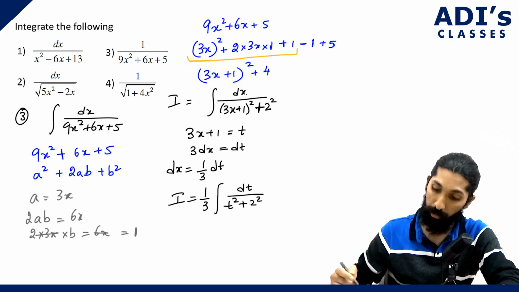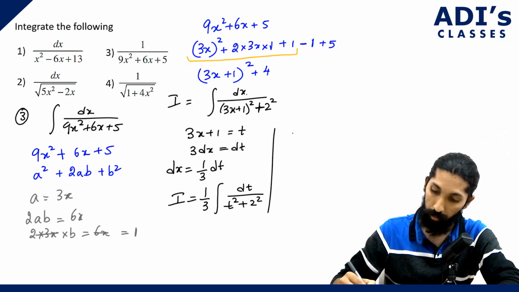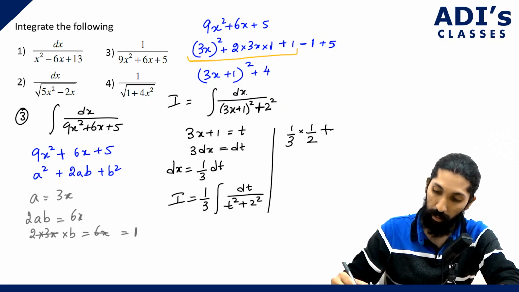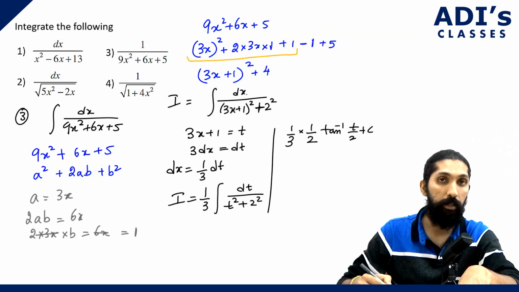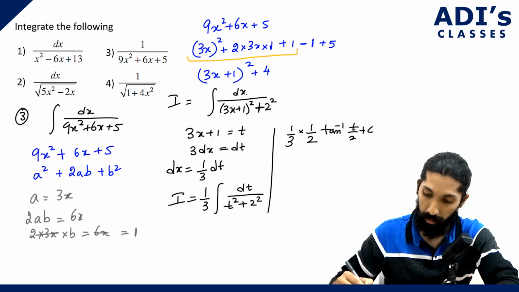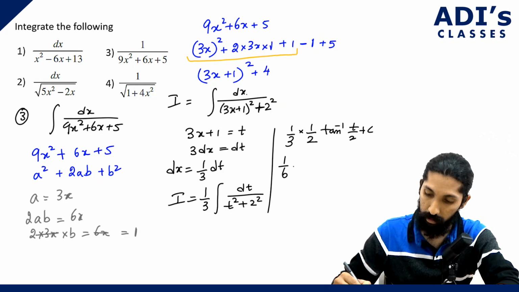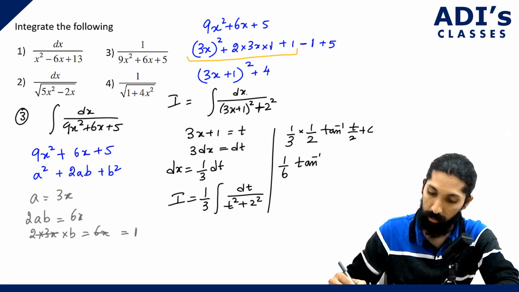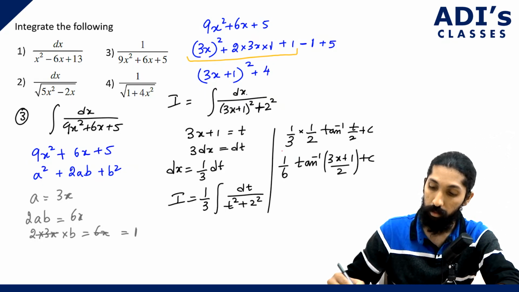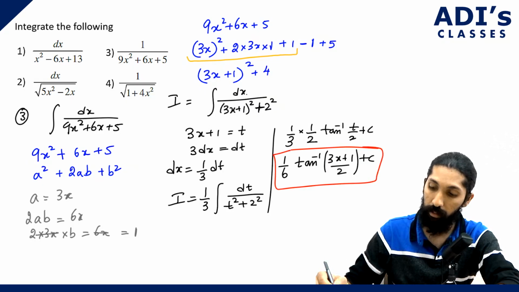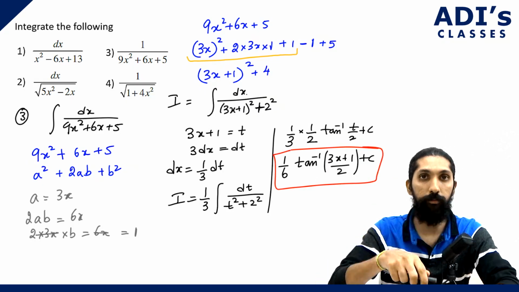So here you are going to get 1 by 3 into 1 by 2 tan inverse t by 2 plus c, correct? What is t? 3x plus 1. So you get 1 by 6 tan inverse (3x plus 1) by 2 plus c. So this is the final answer for the third question.